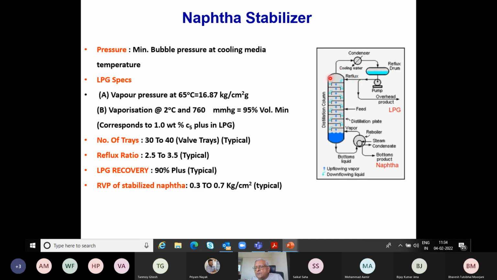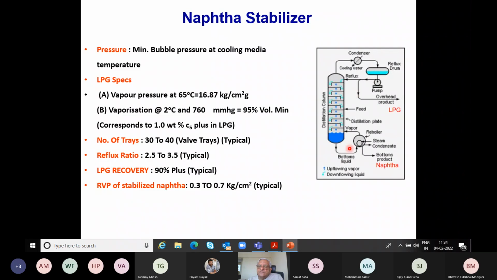If we don't operate this column under high pressure, then we'll not be able to condense. Or if we have to condense, we have to use refrigeration here. So in order for us to use cooling water, these columns operate at about 10 to 11 kg per square centimeter. That means 10 to 11 to 12 atmospheres. So that we have LPG in the liquid form.